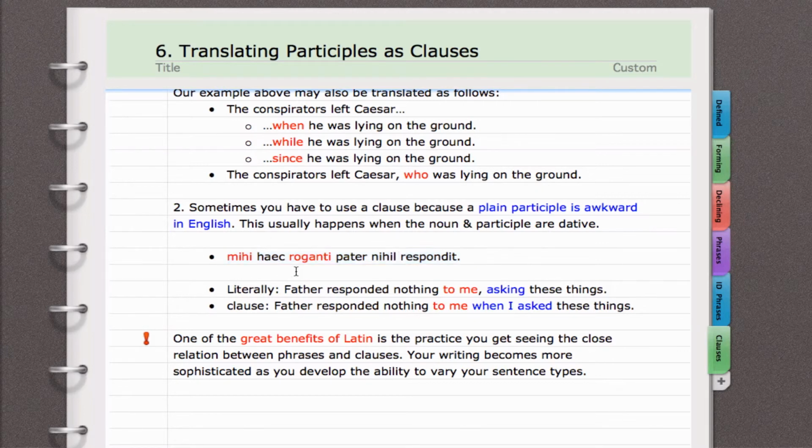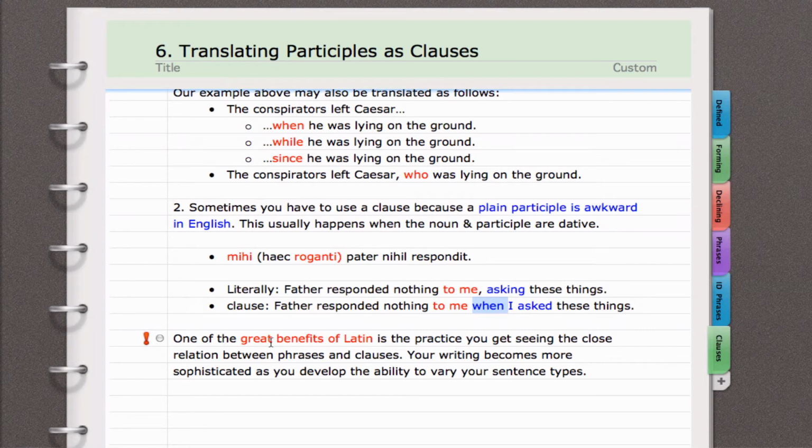The literal translation is, "Father responded nothing to me, asking these things." So if we were to put parentheses here, we'd put them right there. That's not so bad, this particular example, but there will be ones that are worse. But the clause would be, "Father responded nothing to me when I asked these things," or you could say "who was asking these things." That's it generally.